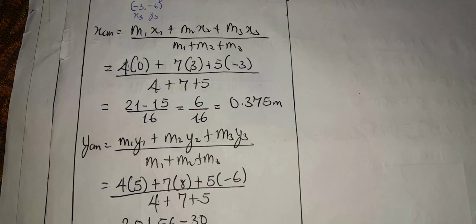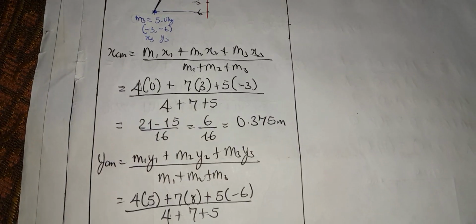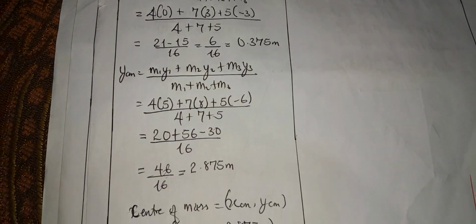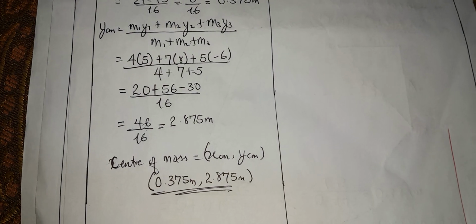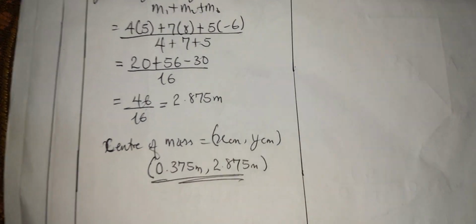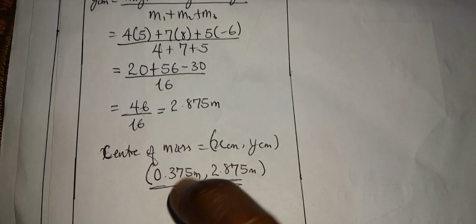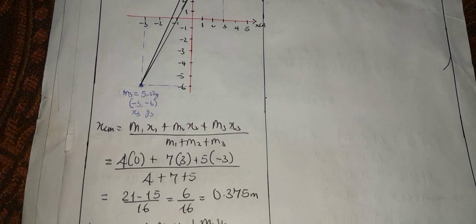So I'll just go straight away and write the answer. It will be like this. And if you're drawing the graph to scale, you can just locate this position in your graph and then get the center of mass. So that's all concerning question 18.